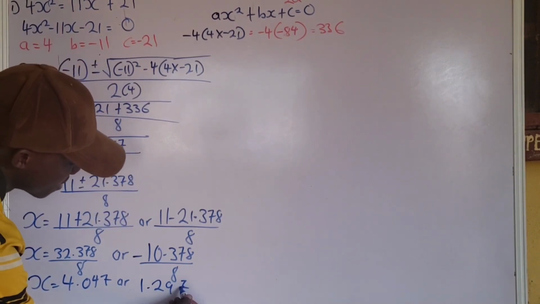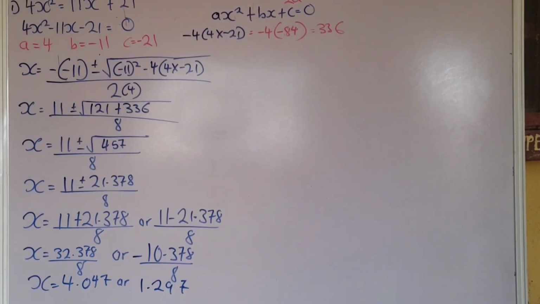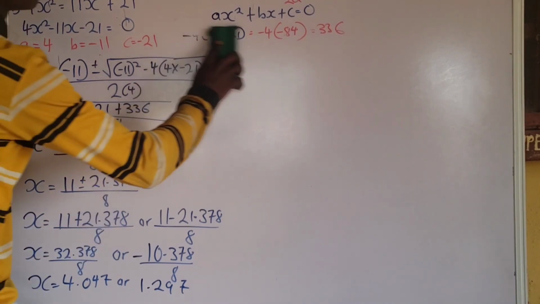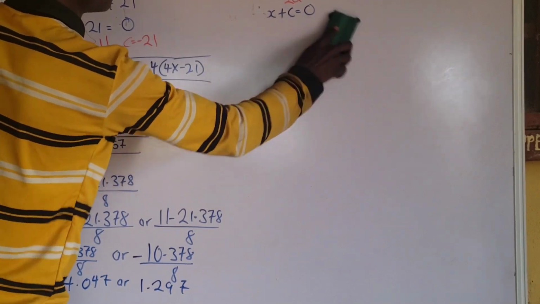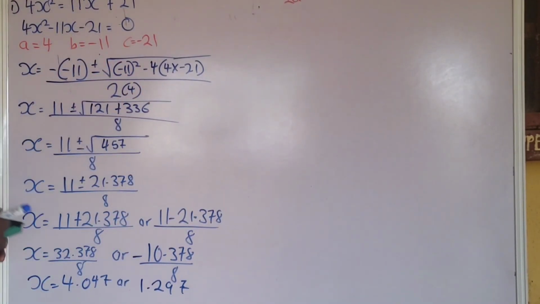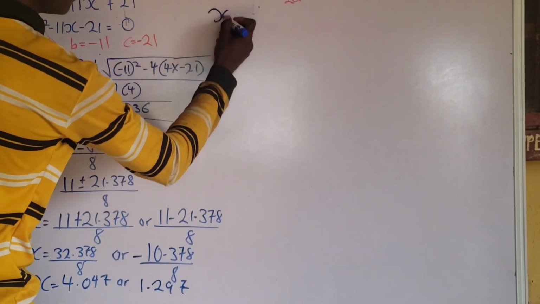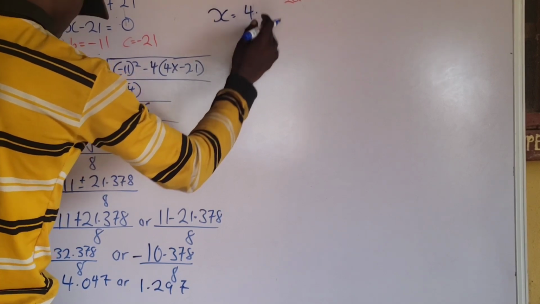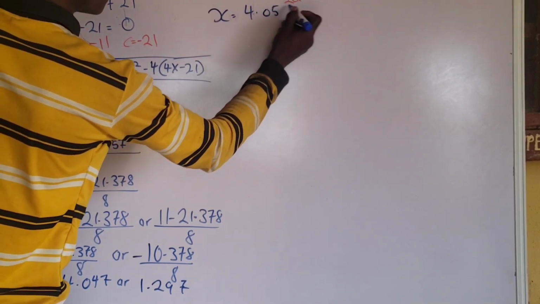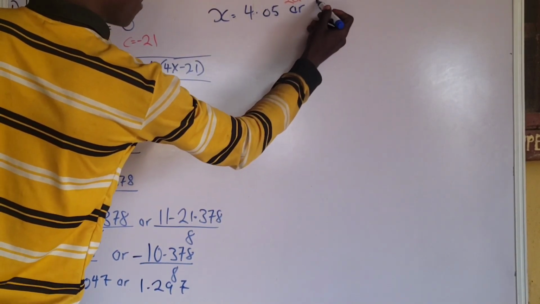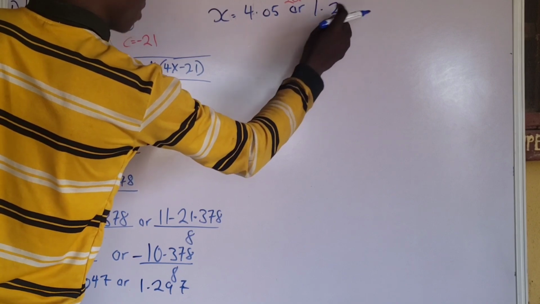Okay, now if you want to approximate x to 2 decimal places, x will be equals to 4.05, or negative 1.30.